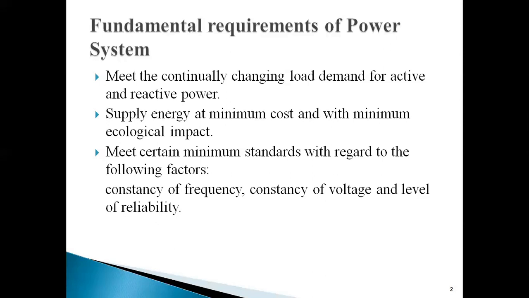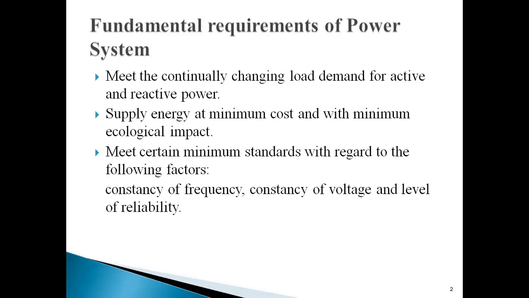If the voltage falls within that permissible limit, then we call the voltage stable and acceptable. For example, 1 per unit is the nominal voltage. If I say plus or minus 10 percent is allowed, that means I can have the range from 0.9 per unit to 1.1 per unit.